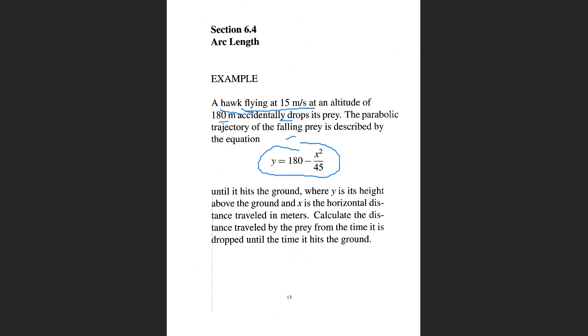The prey falls until it hits the ground, where y is the height above the ground and x is the horizontal distance traveled in meters. We want to calculate the distance traveled by the prey from the time it has dropped until the time it hits the ground.